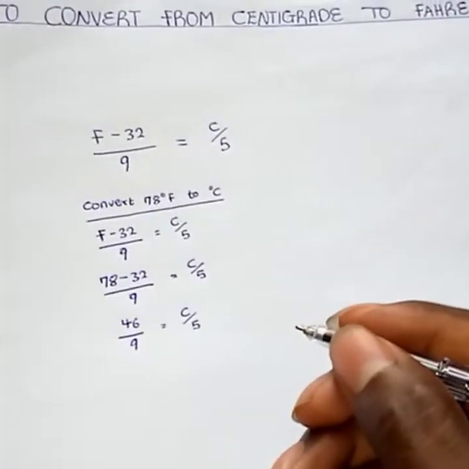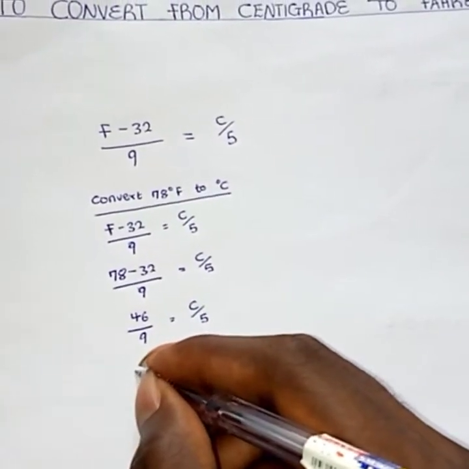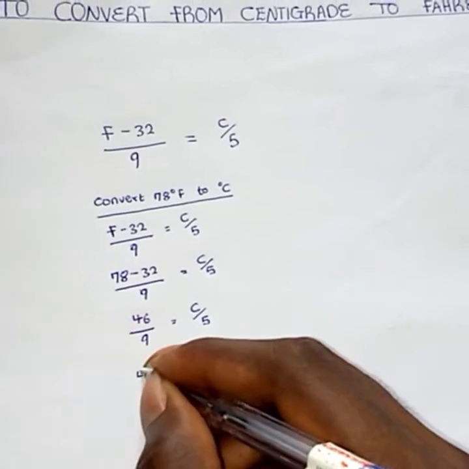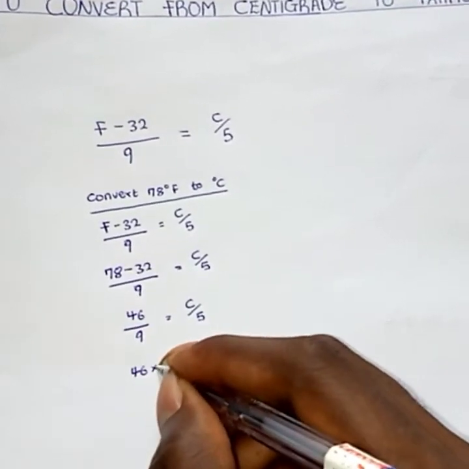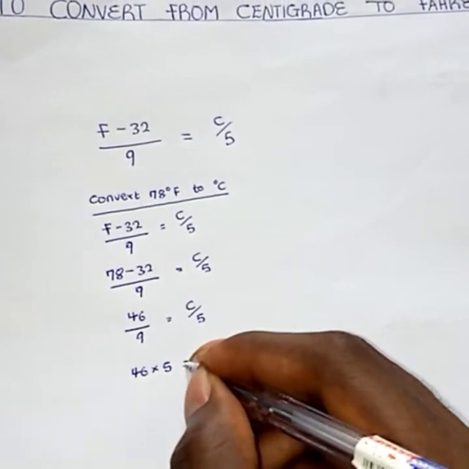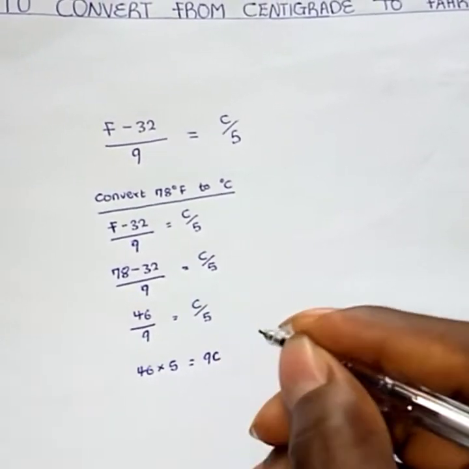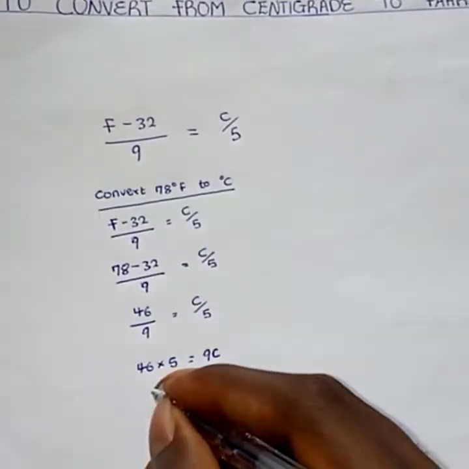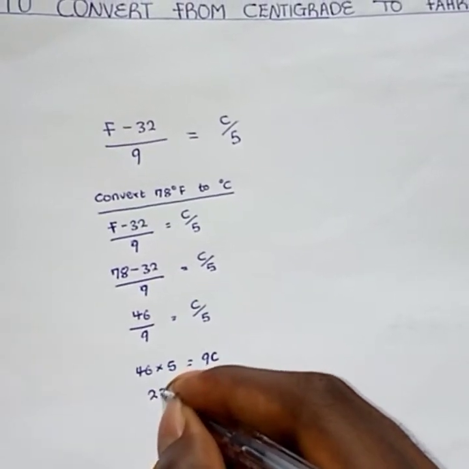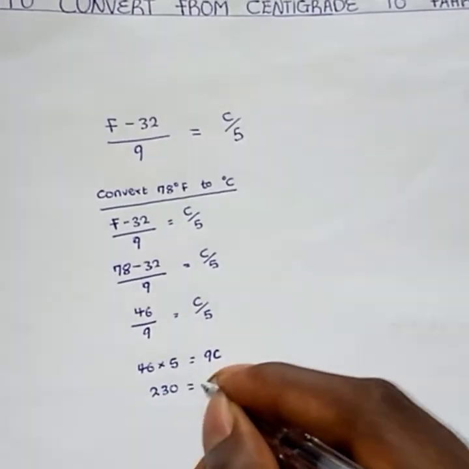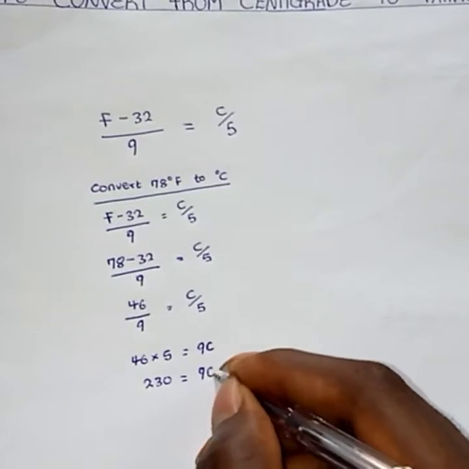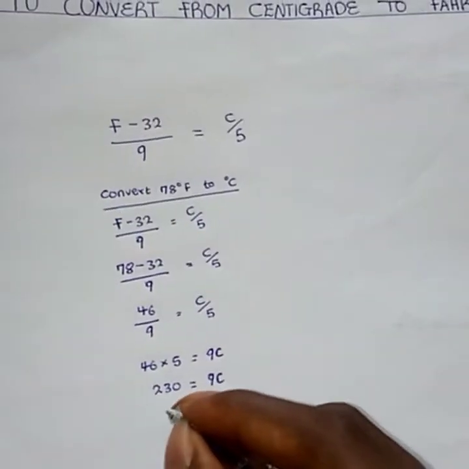So we cross multiply. 46 times 5 equals 9C, so 230 = 9C. So we divide.